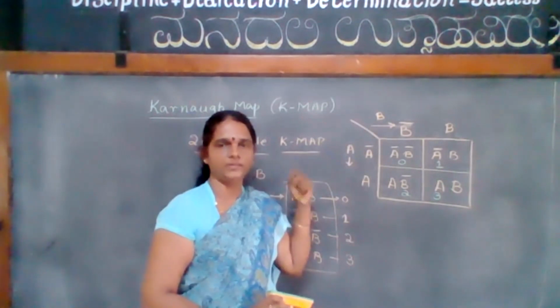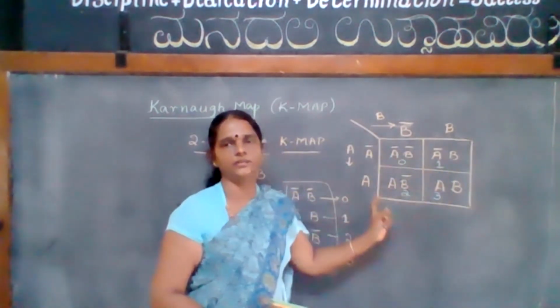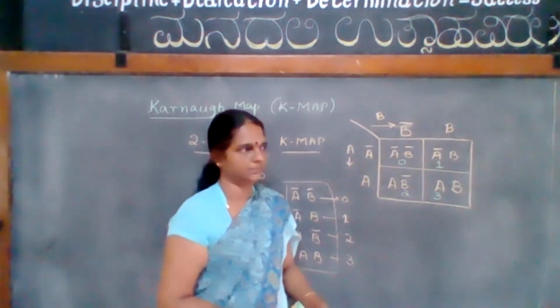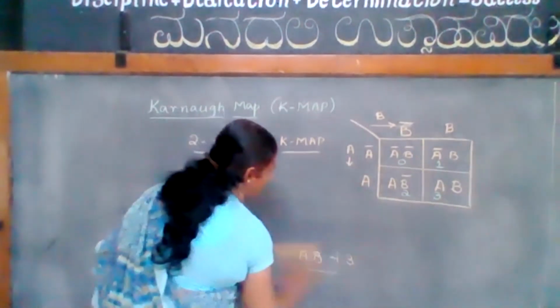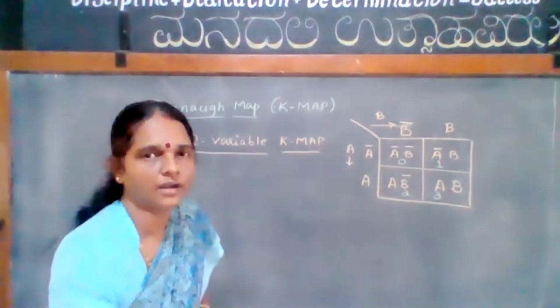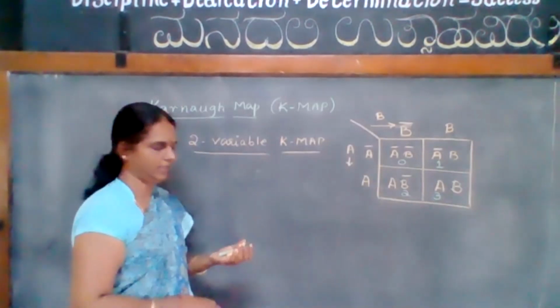In our expression, it need not contain all these min terms. There may be a few of the min terms. So now let us consider one example, and by simplifying that example, we can see how to reduce the Boolean expression using K-map.